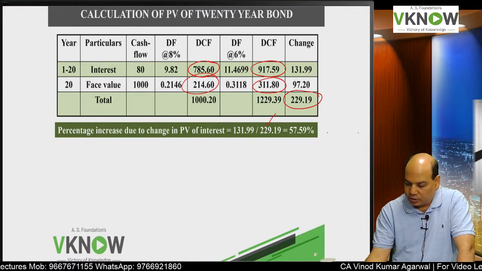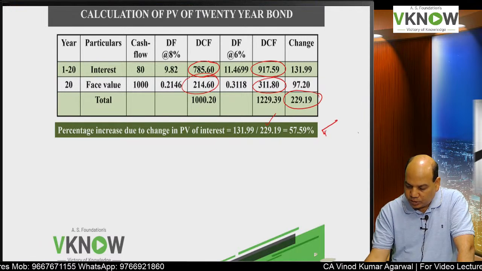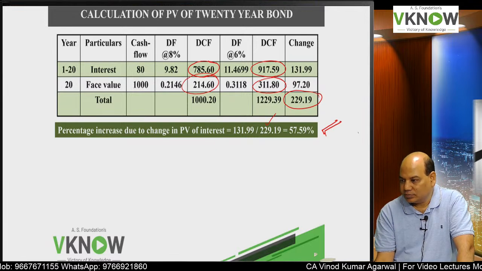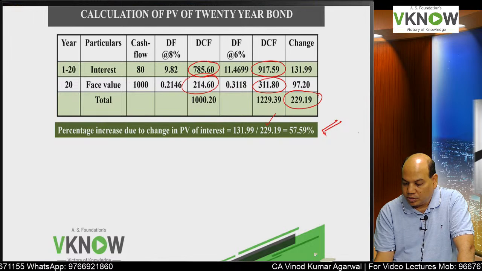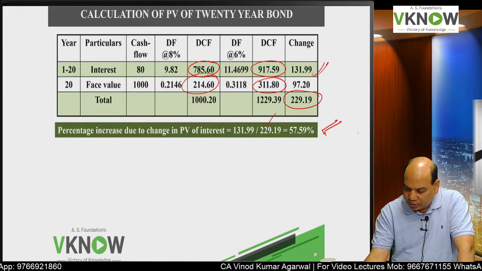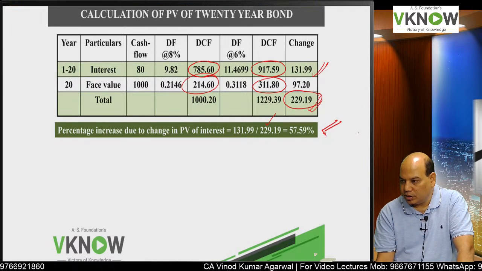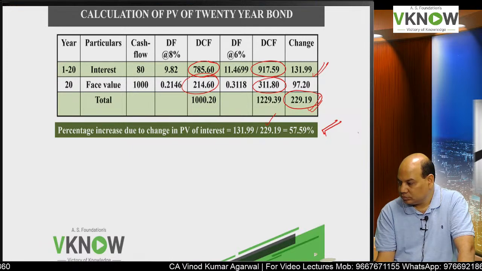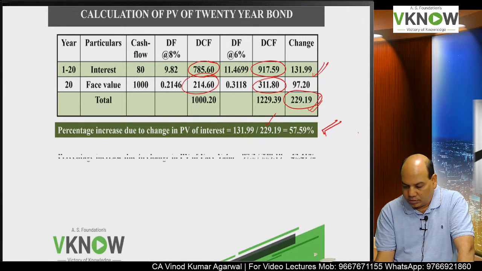This time you will find the coupon has a bigger impact. This time coupon has a bigger impact because the term to maturity is higher here. 131.99 divided by 229.19. So is it 57.59%? Right.